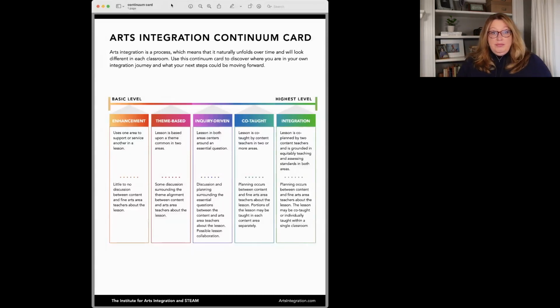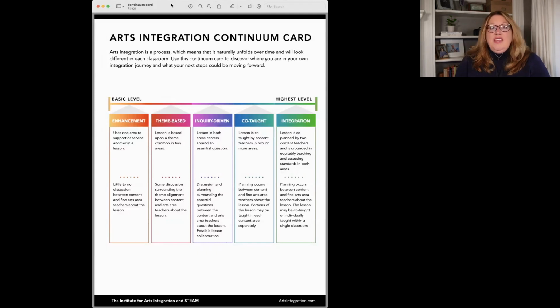Then think about, okay, if I mostly use arts enhancement, the next step over, the next shade to the right is theme-based learning, right? So how can I take my arts enhanced lesson and bump it up a little bit by looking at a common theme around that lesson idea that might connect with another content?